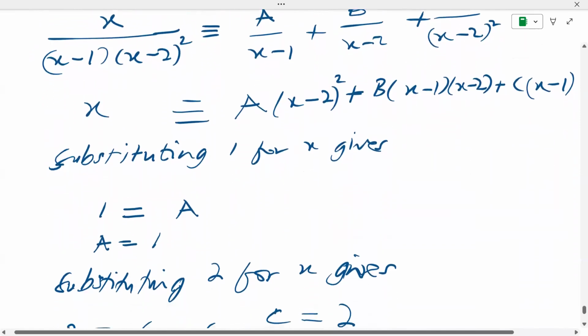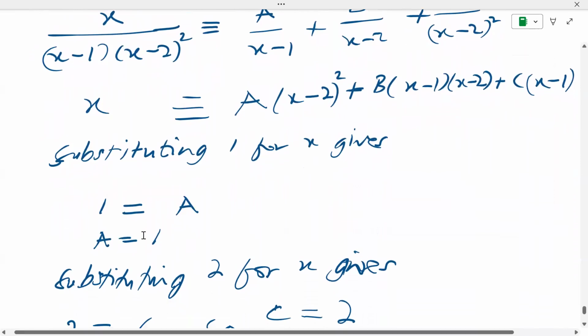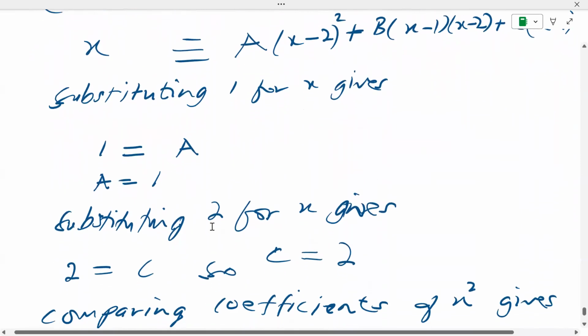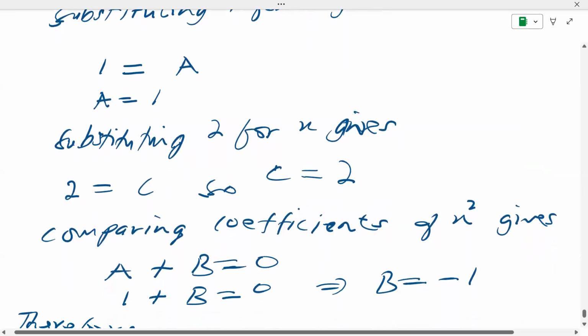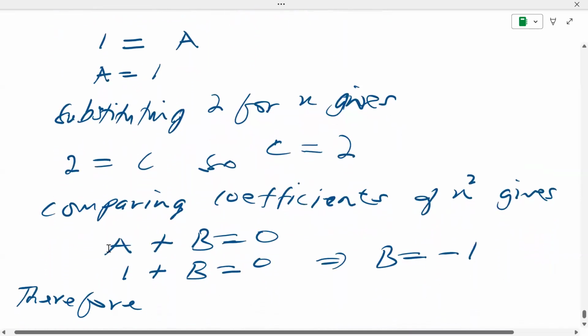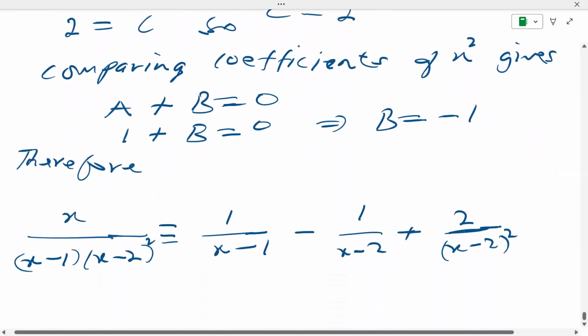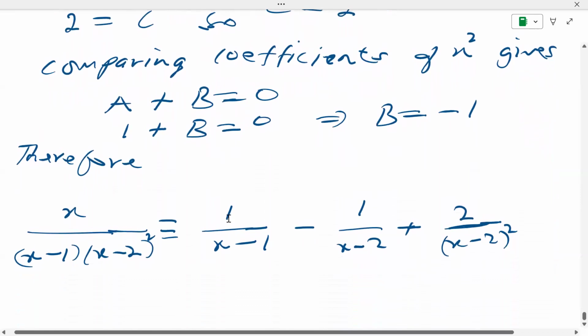Then starting by substituting 1 for x, giving us a equals 1. Substituting 2 for x, giving us c equals 2. Comparing coefficients of x squared, where we got a plus b equals 0, and knowing our a being 1, we got our b to be negative 1. Then from there, we substituted the values to get what we were looking for.